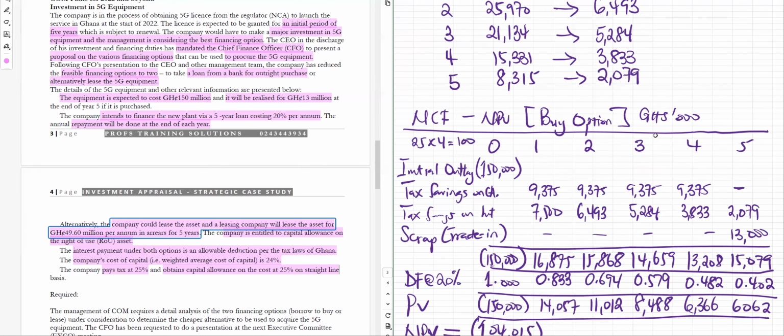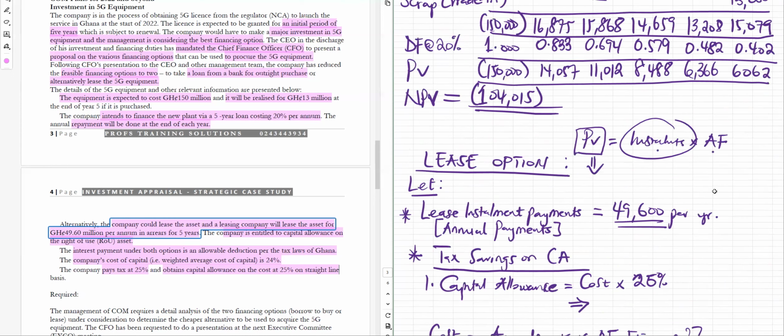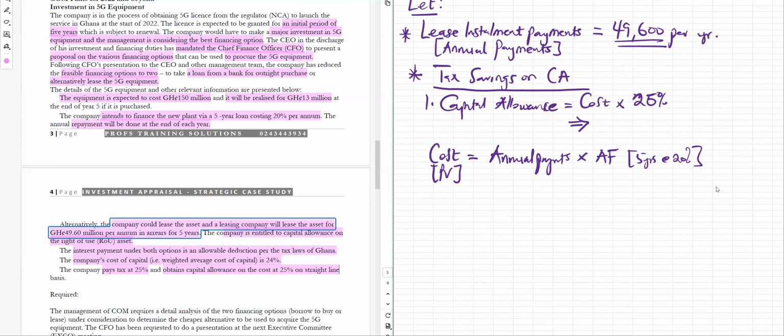The annuity factor was 2.991. It's the same thing you use throughout, so you don't need to stress. So to get the cost of this asset under the lease option, you take your annual payment of 49,600 each year and multiply by the annuity factor of 2.991. That gives us the cost of the asset.